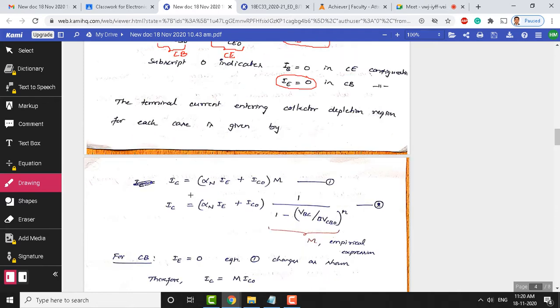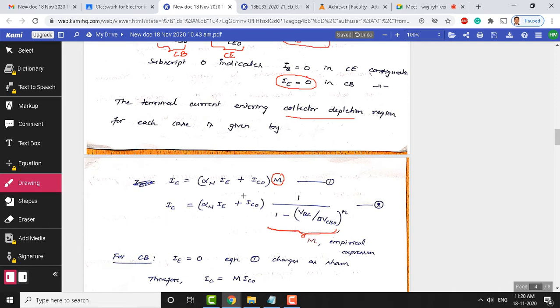Okay. So, now here this is the collector current expression which is entering the collector depletion region. So, this is given by this, and once we substitute this m equation, m is given by this equation, we get the total expression for the collector current that is entering the collector depletion region under the reverse bias condition here.